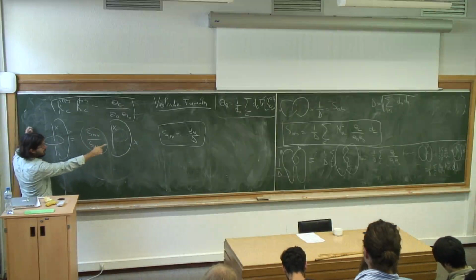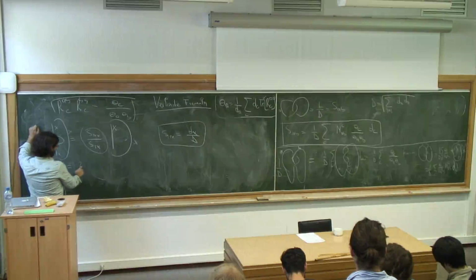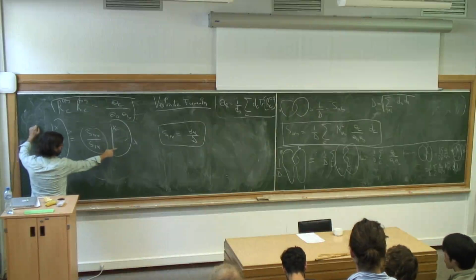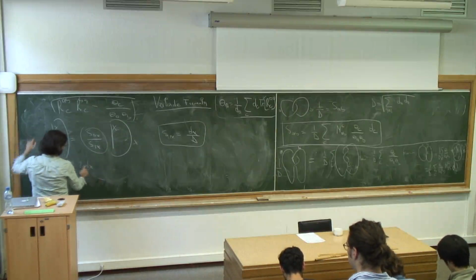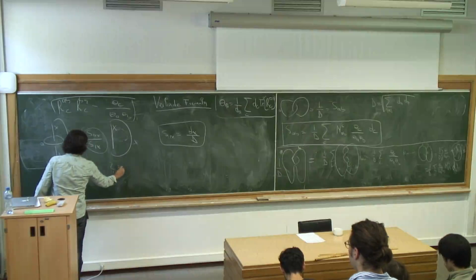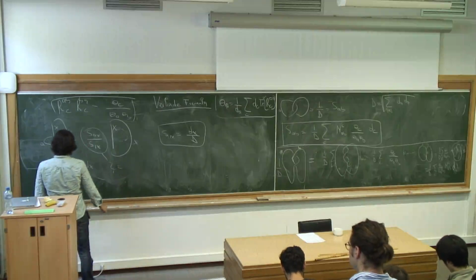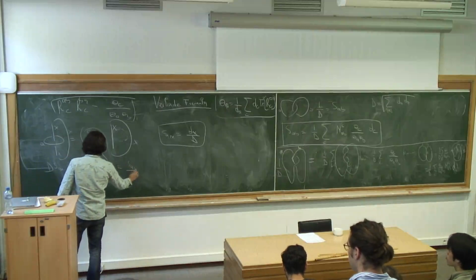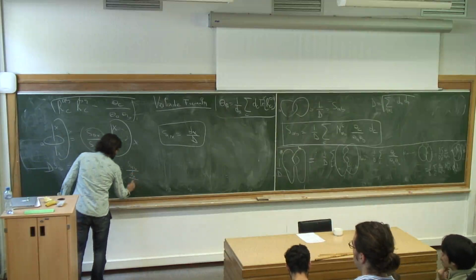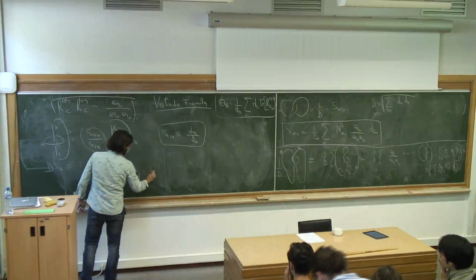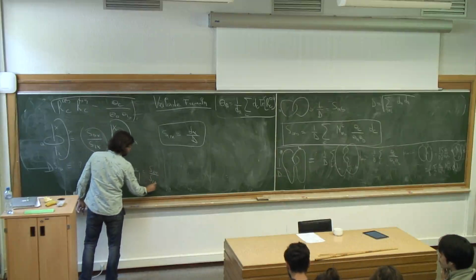And I defined it with a total quantum dimension. What is this? So this number is equal to SAX over dx over d. So it's equal to SAX over S1x.